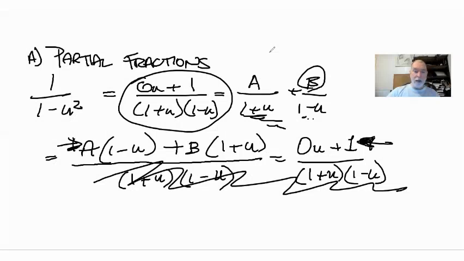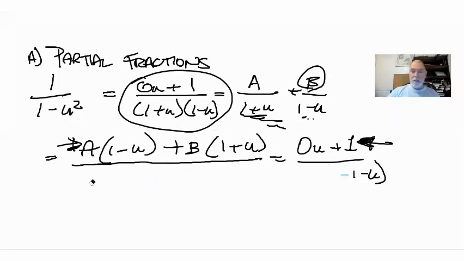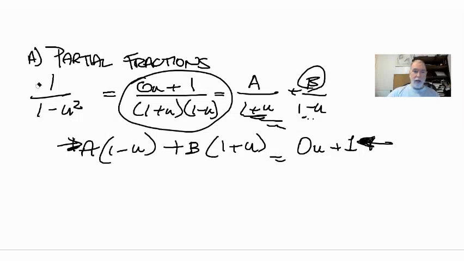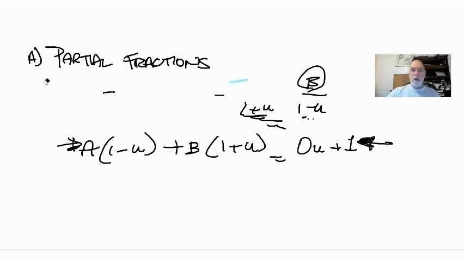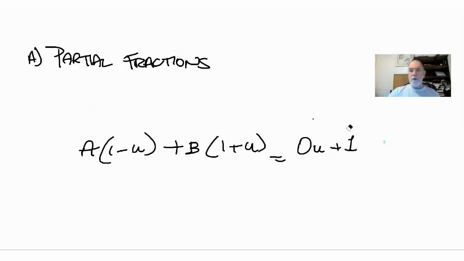Let's erase a bunch of this stuff, because really we don't need it now. And let's get rid of all this too. Valuable real estate. Okay, that's very cute, but we'll get rid of the arrows. And let's move this upstairs.